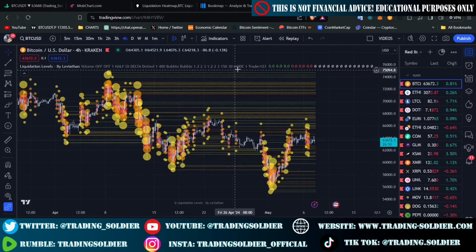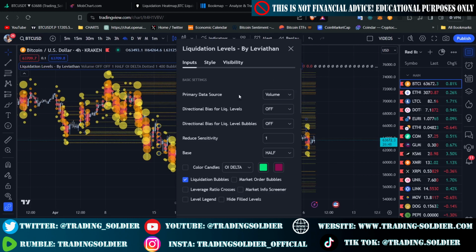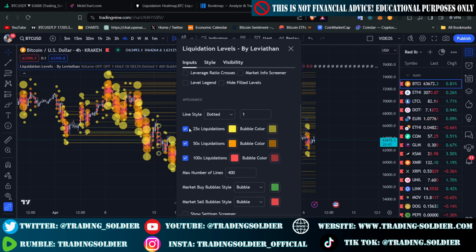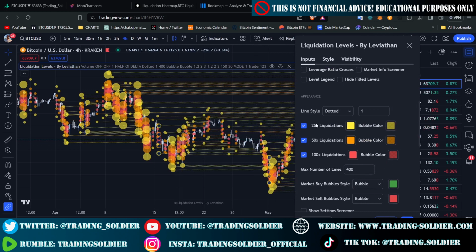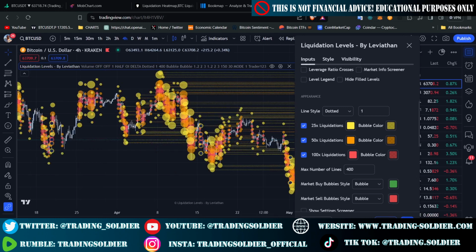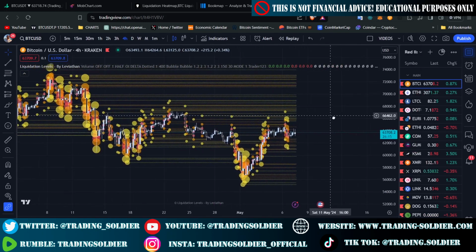If you go to the indicator settings, you can see that the yellow color is related to the 25x liquidation levels. The 50x liquidation levels are represented by an orange color, and the 100x liquidation levels are represented by the red color.